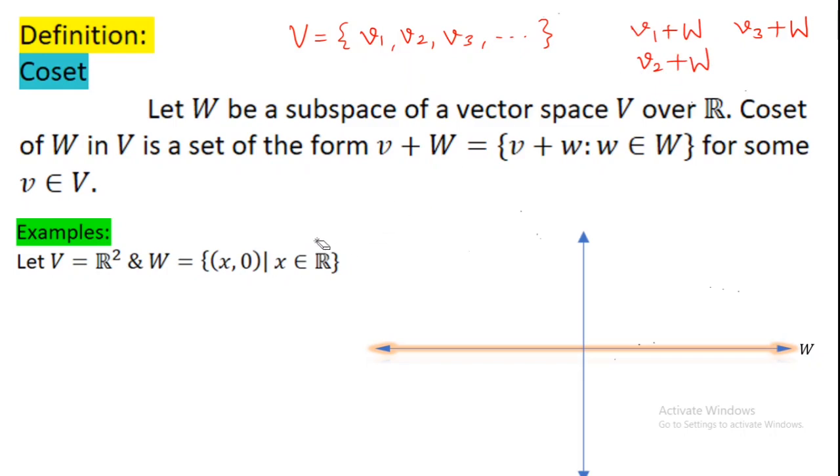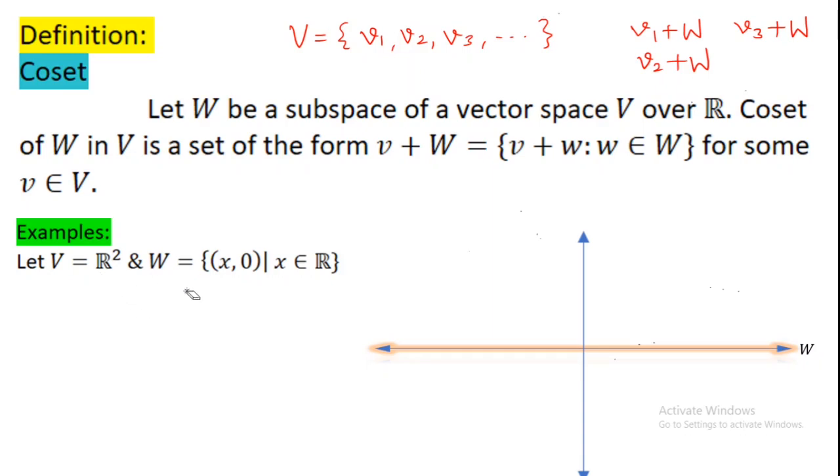Now let us understand the concept of coset with the help of an example. As I told you before, in order to find a coset, we will need a subspace of some vector space. Over here I have taken a subspace W of our vector space R2.